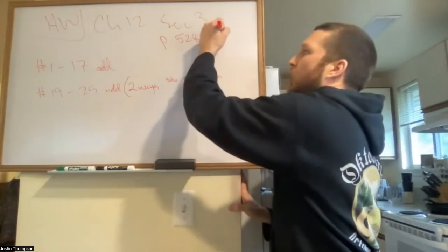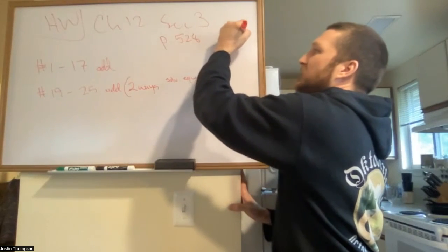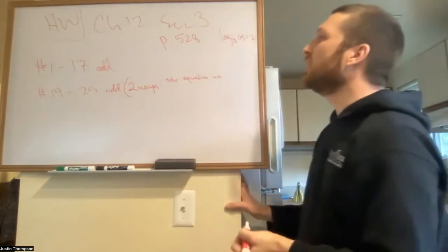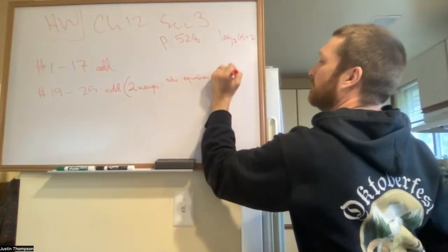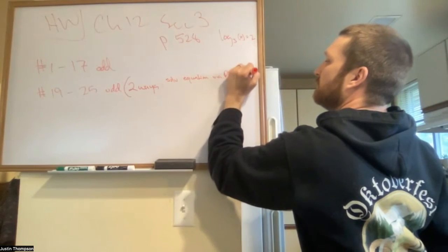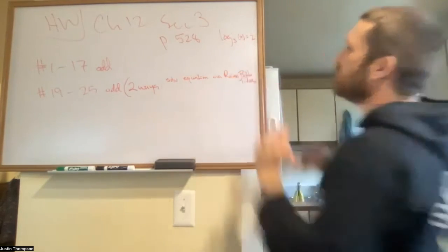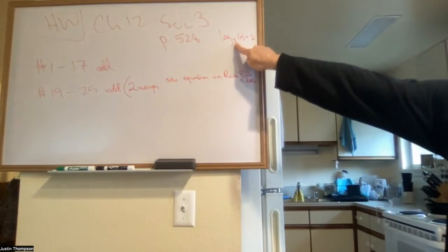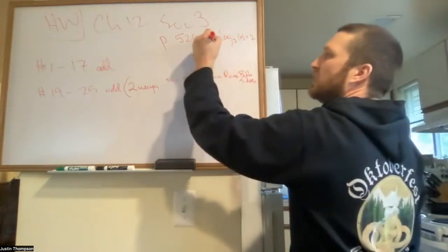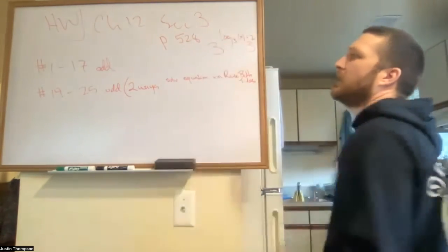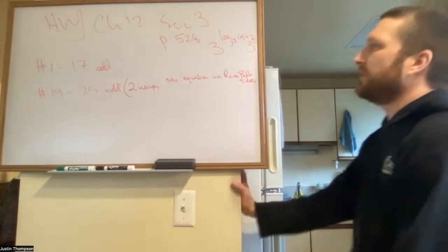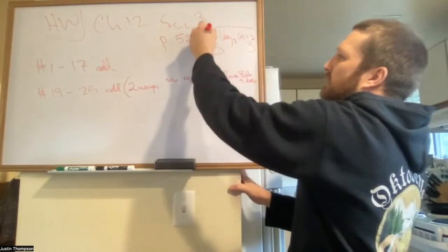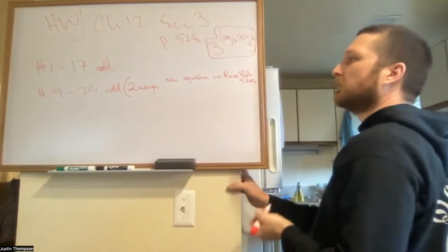So if you have log base 3 of x equals 2, then we're going to raise both sides to the power of whatever that base is. And so that'll be a 3 and a 3 right there. And that's what we did earlier. In fact, I think that's the same one we did earlier.